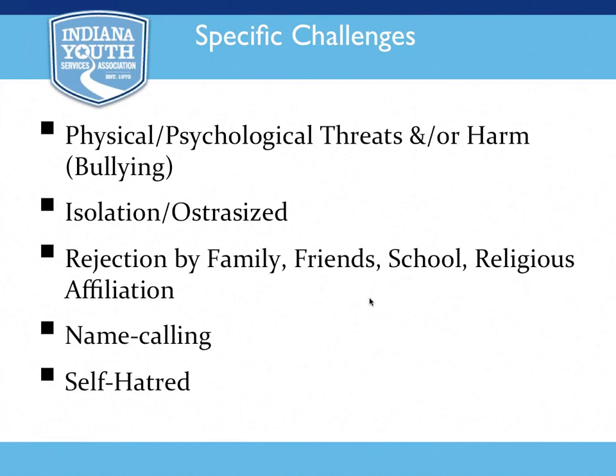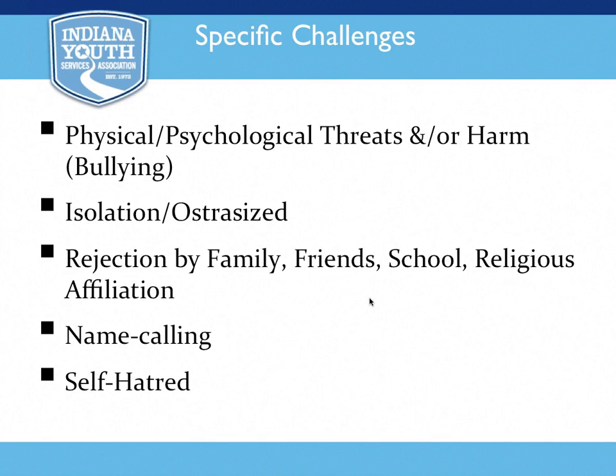So that has a really big component in terms of their resources and the options that they feel they have. They are rejected, and oftentimes we tend to ignore the fact that they are rejected by their religious affiliation and the significance that has. So that certainly is an issue we need to address with our young people.